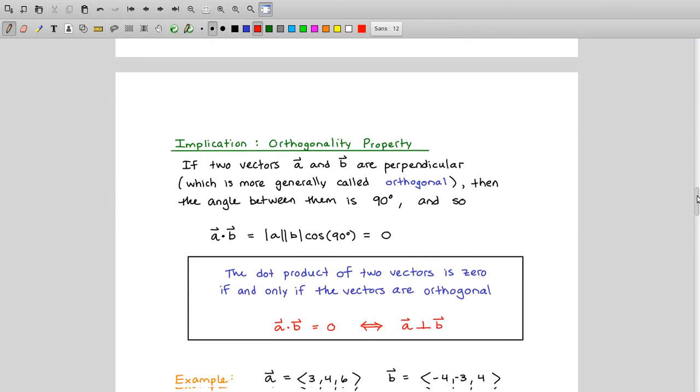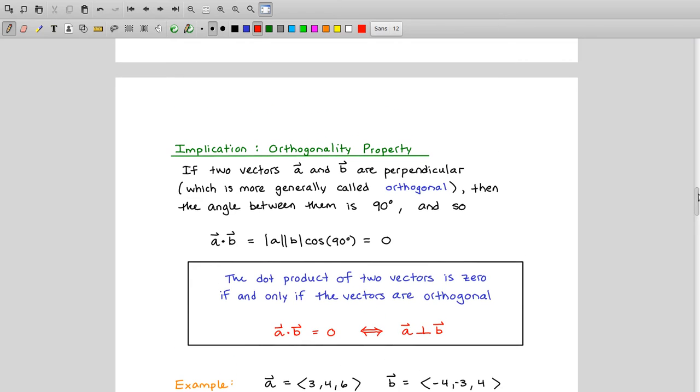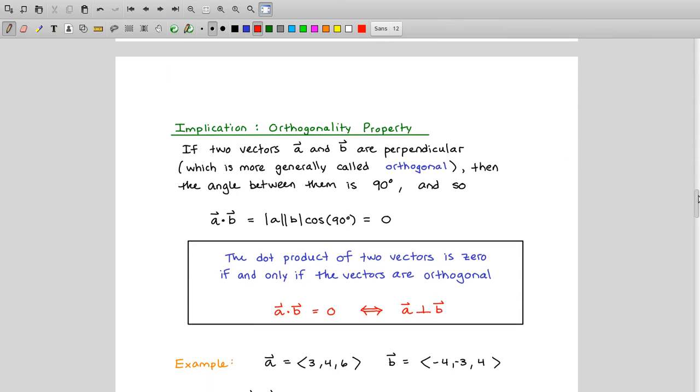I want to say a little bit more before we do an example, which I briefly mentioned. Ideally, this could have gone earlier, but it's a very, very important property of the dot product. Probably the most well-known property of the dot product. That if two vectors, a and b, are perpendicular, then the angle between them is 90 degrees, and because the cosine of 90 degrees is 0, then this dot product always vanishes and you get 0.